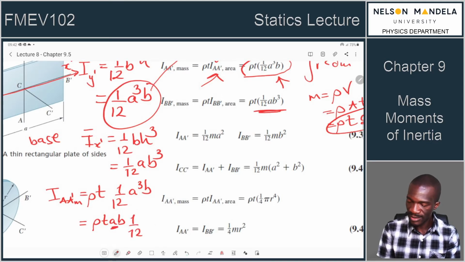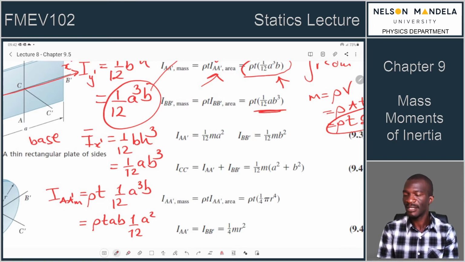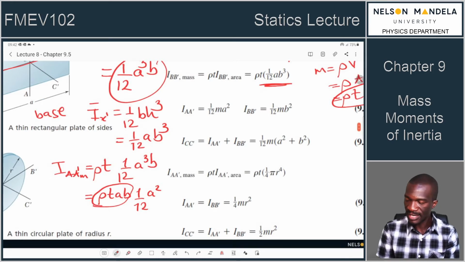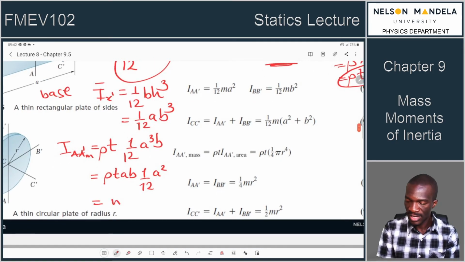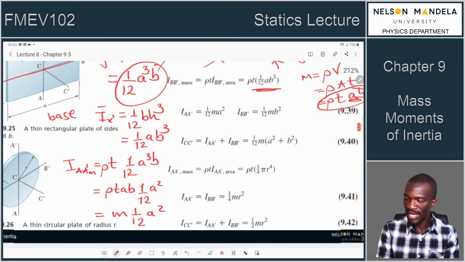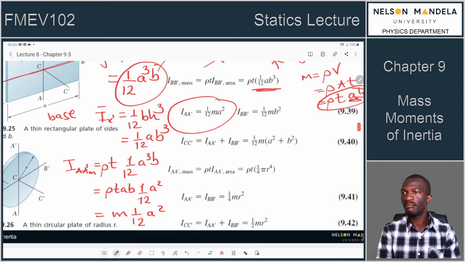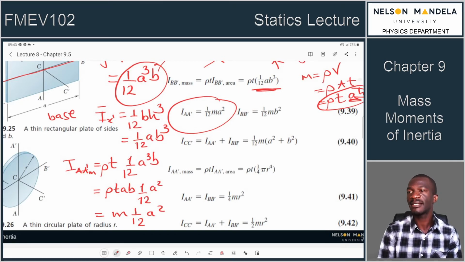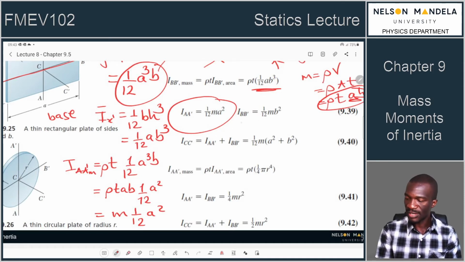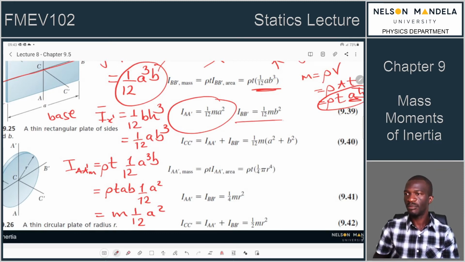We've taken out an a, so this means we will have an a squared. We've taken out ab, then we're done. This means that this is actually representing the mass. So that is why it's now the mass times a 12th times a squared, or a 12th of m a squared. So therefore you now have your mass moment of inertia about the AA prime axis as a 12th of m a squared. The same applies if you carry out that math, you will get that for BB prime.